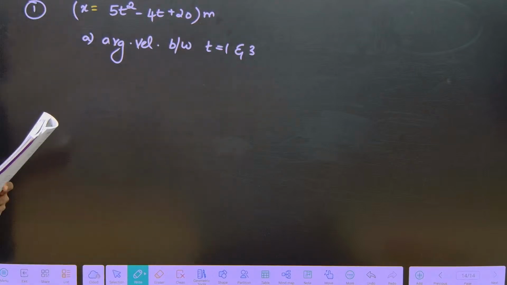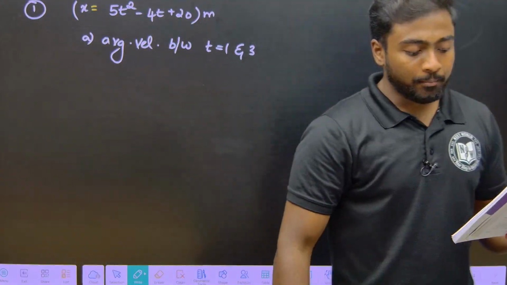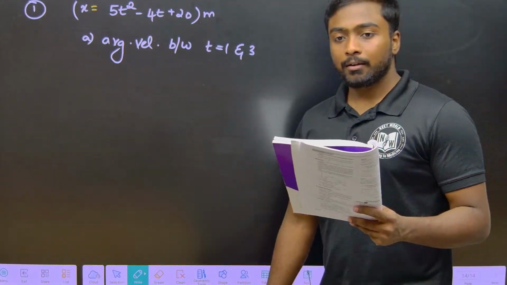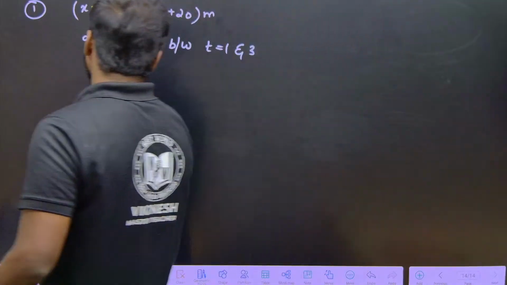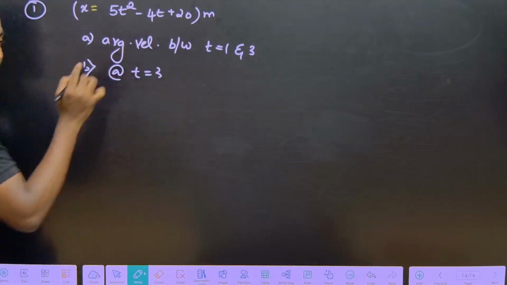The second part is to find the velocity as a function of time at t equals 3 seconds.